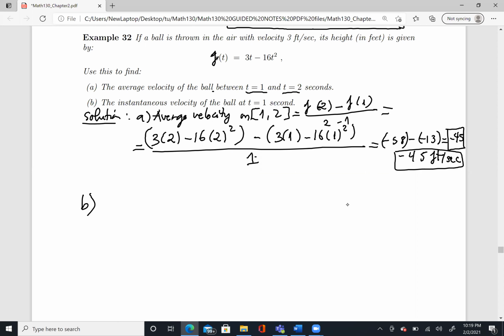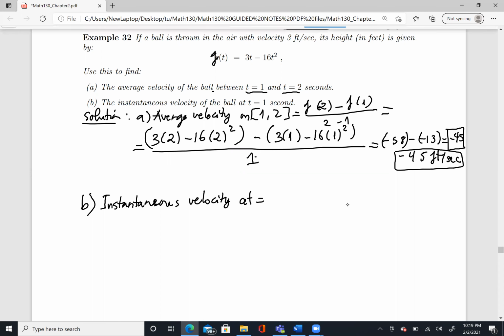It talks about the instantaneous velocity, which will be at t equals 1.